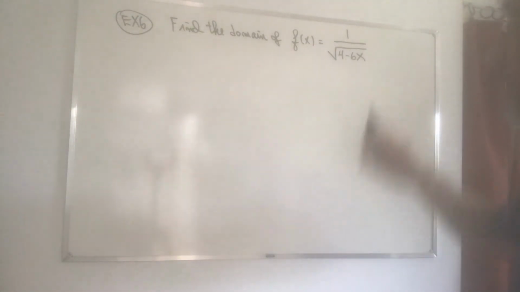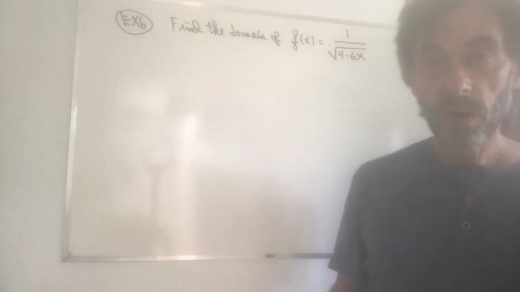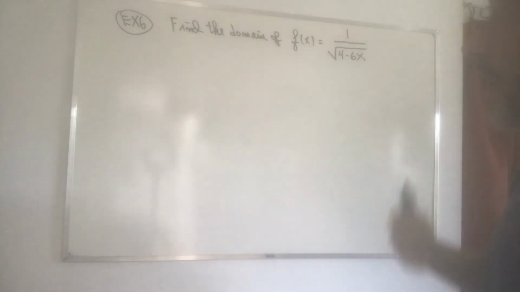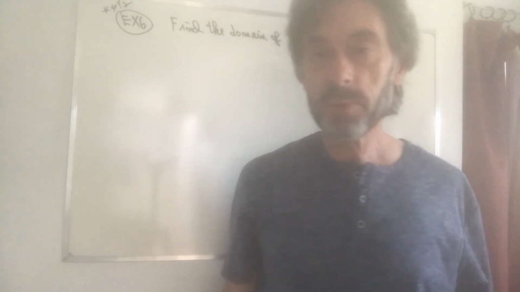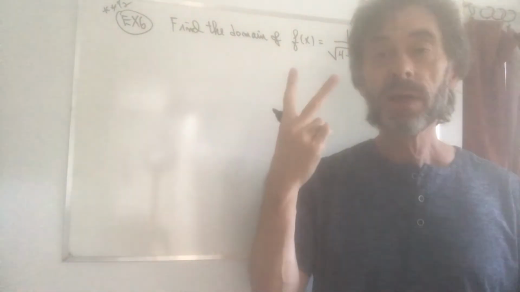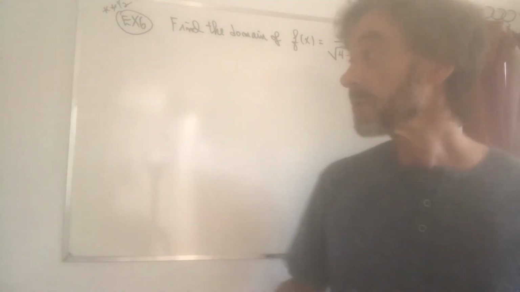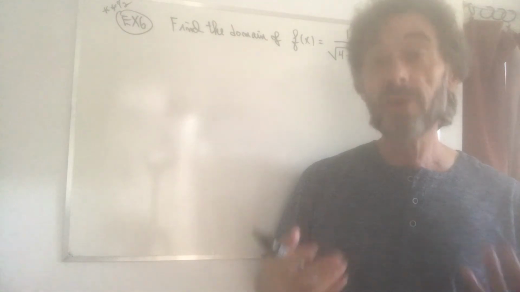So that is f of x is equal to 1 over the root of 4 minus 6x. I chose this example, which we can probably label 2.5 stars if you keep track of this sort of thing. I chose this example because it has, in the same problem, my 2 situations. It has a bottom and it has a root. So I got to be mindful of both of these things at the same time.